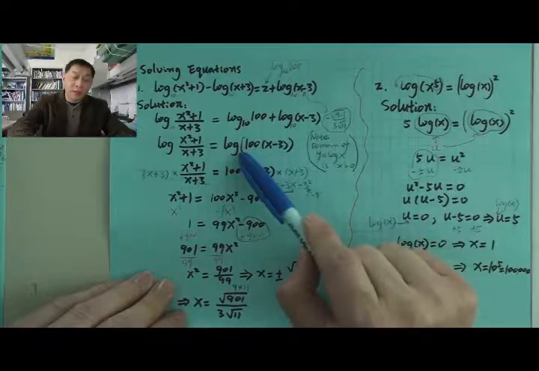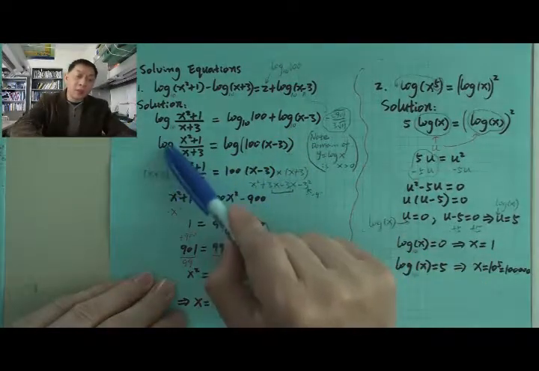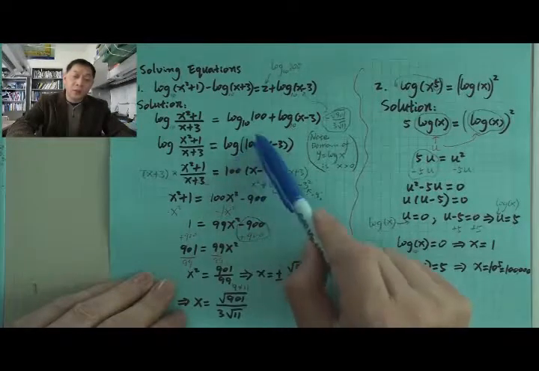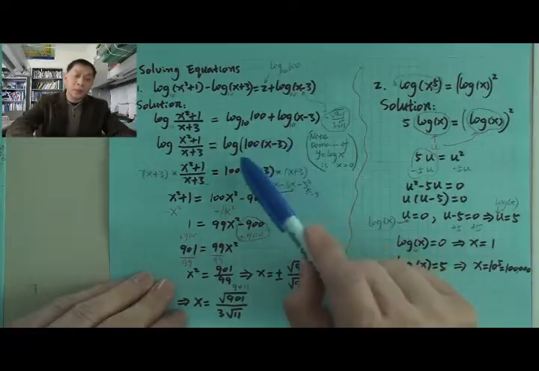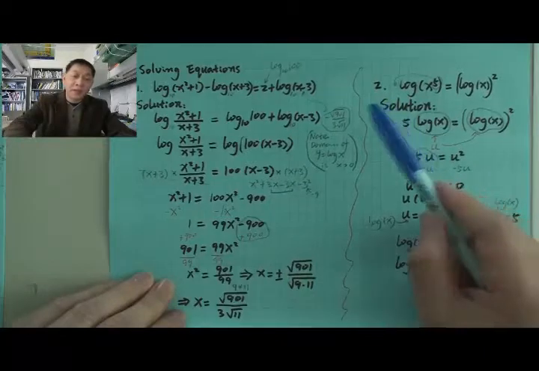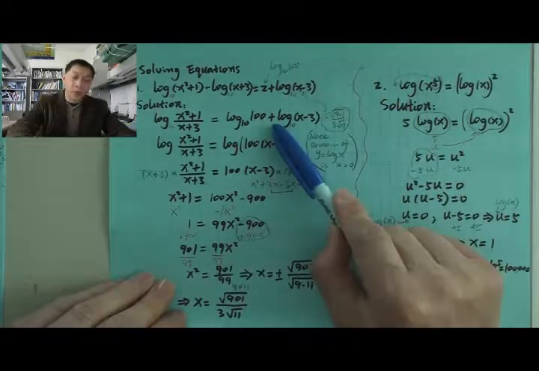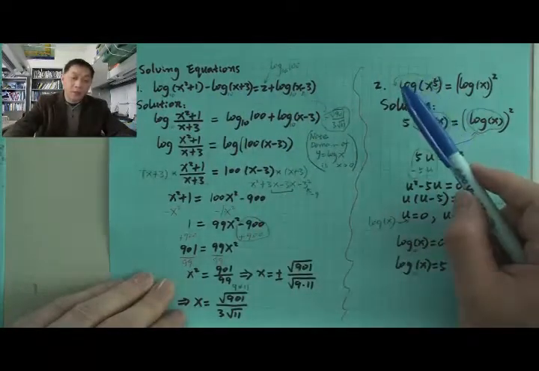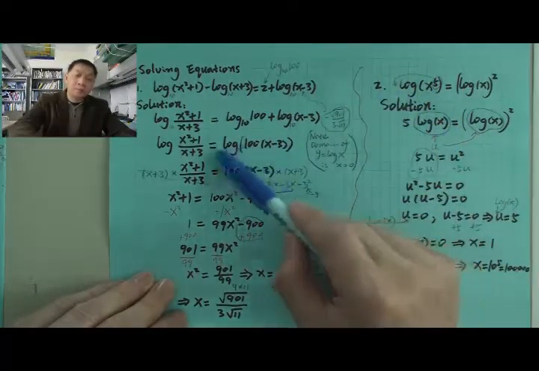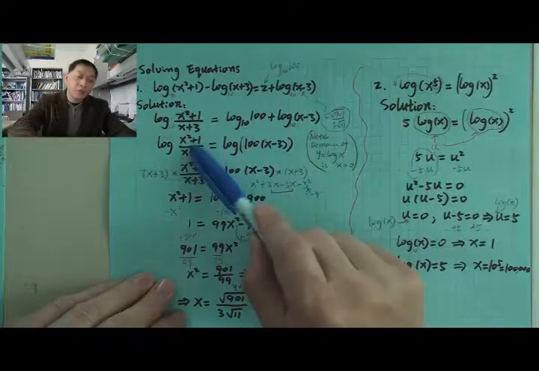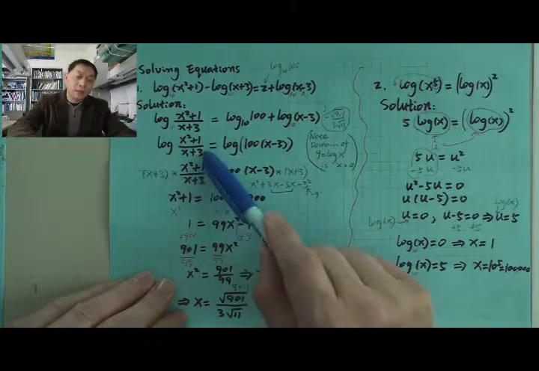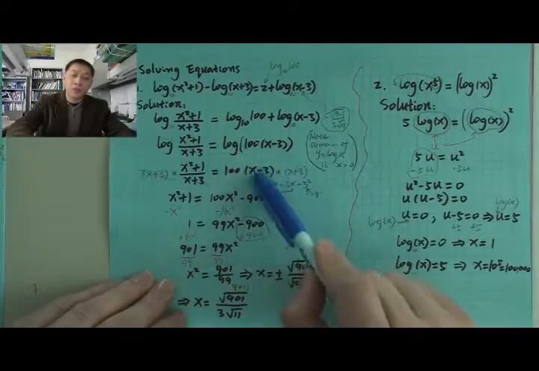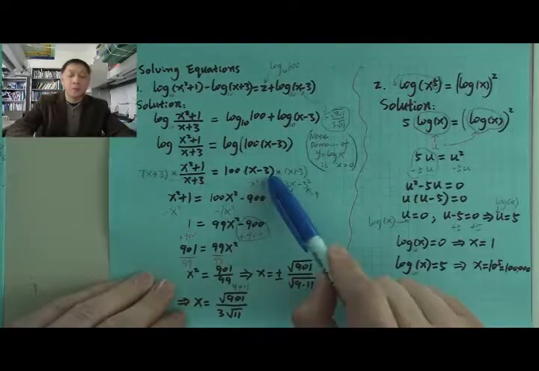As long as the left-hand side is log of a quantity and the right-hand side is also a log of another quantity, then you can drop it. If there are additions or subtractions involved, you cannot. After we drop it, x squared plus 1 over x plus 3 equals 100 times x minus 3.